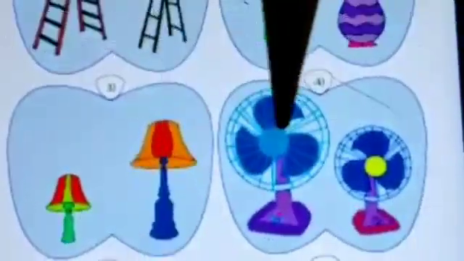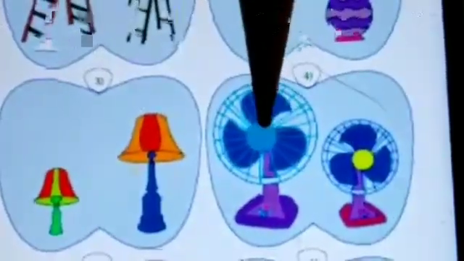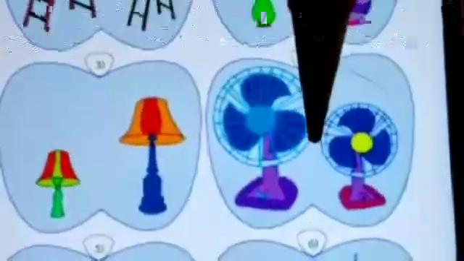Good. See the fourth picture. Table fan. From this, which one is tall? Yes, this one is tall. So we will put a tick mark. And this one is short. So we will put a cross. Good. Now let us do the next one. Which picture is this?